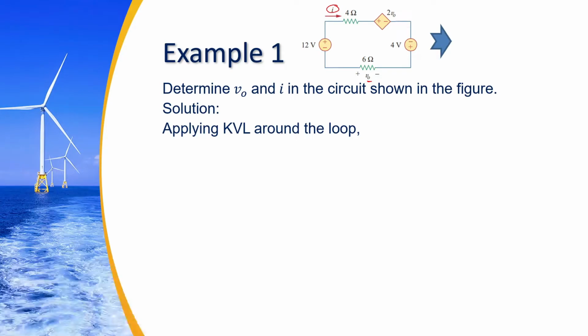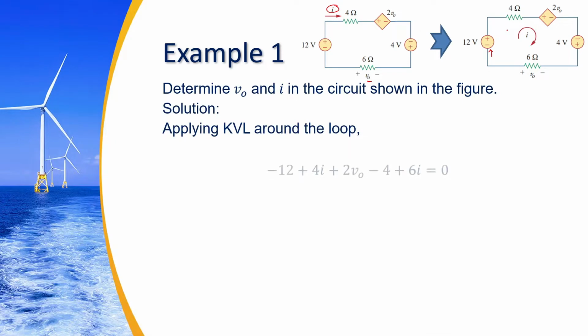So, kapag in-apply natin ng KVL yan, ganito yung magiging circuit natin. Okay, so ang looping natin is pa-clockwise. So, mag-start tayo dito kay voltage supply natin. So, pa-clockwise, unang papasukan niya ay negative 12. So, kaya naman, negative 12 yan.